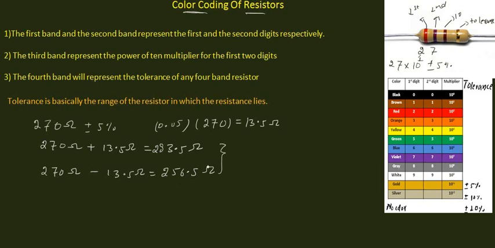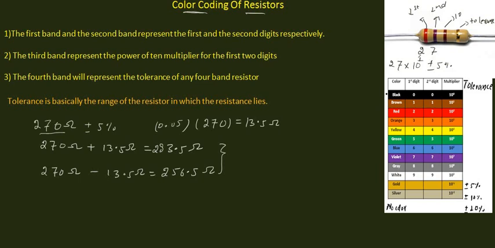In other words, a manufacturer cannot give you a resistor which has a rating of exactly 270 ohms. If the fourth band is of silver color, then its tolerance will be plus minus 10%. If there is no color on the fourth band, then the tolerance is plus minus 20%.